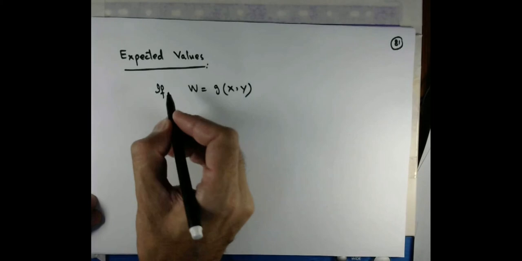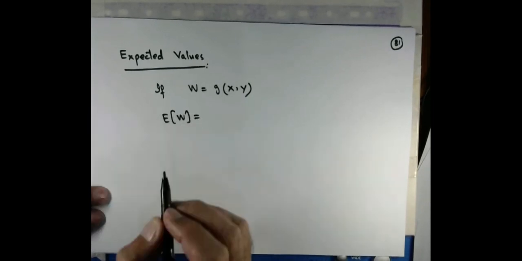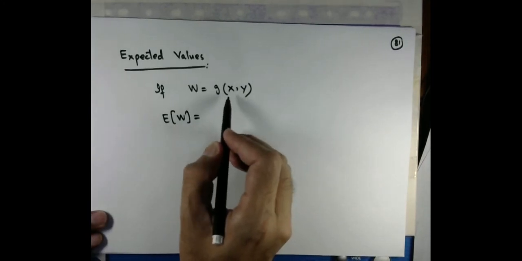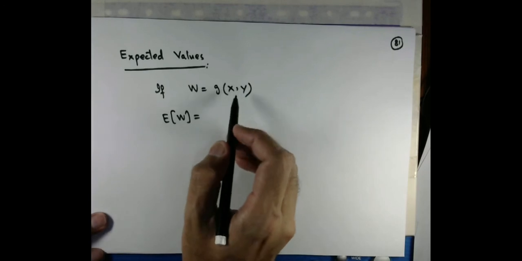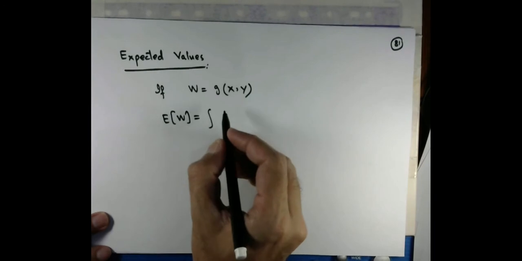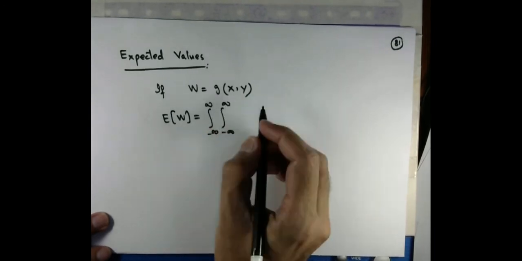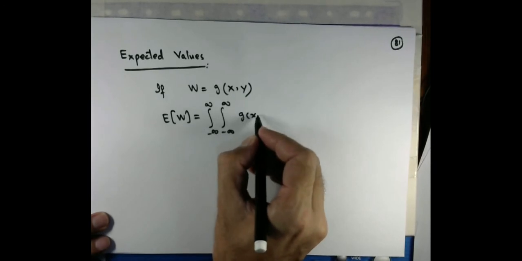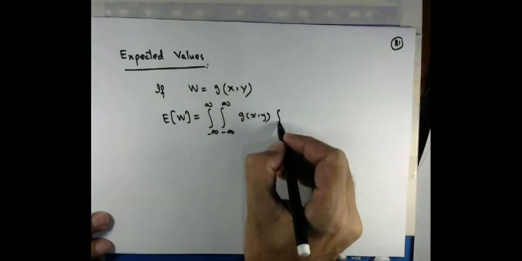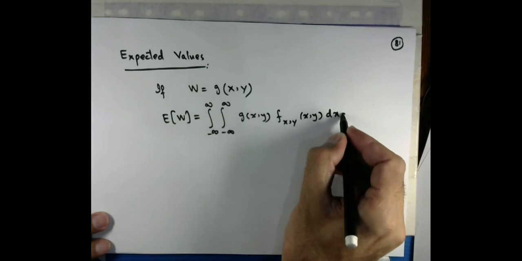So the expected value of w, which is a function of x and y both, will be basically the integral from minus infinity to plus infinity of the function of the two random variables times the joint PDF times dx dy.